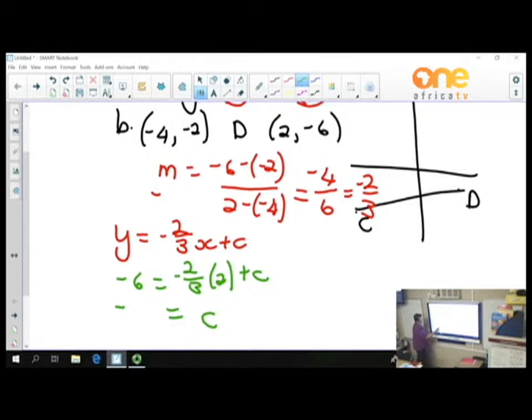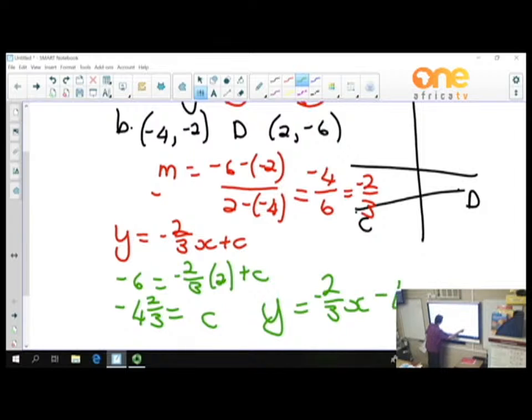What is -6 plus 1 1/3? -4 2/3. So that means that your equation is now y = -2/3 x - 4 2/3. If you write it -14/3, it's the same, so it's no problem. It will be correct.